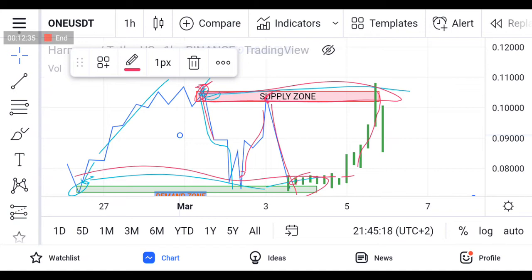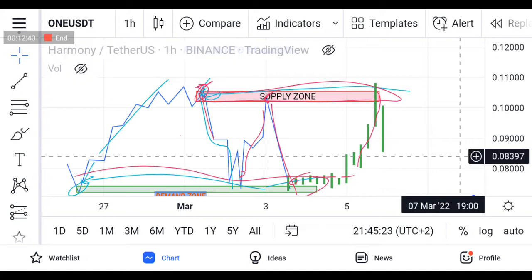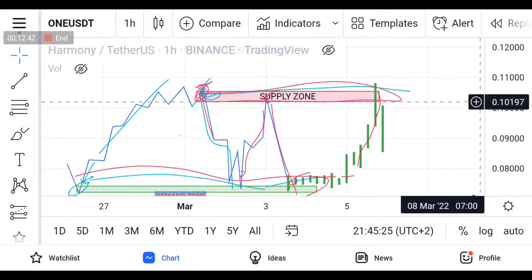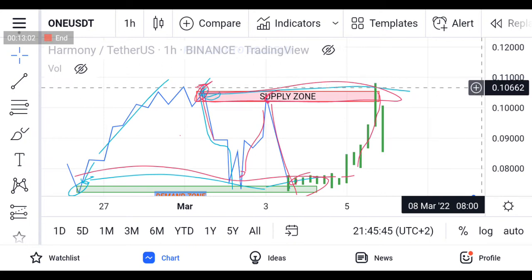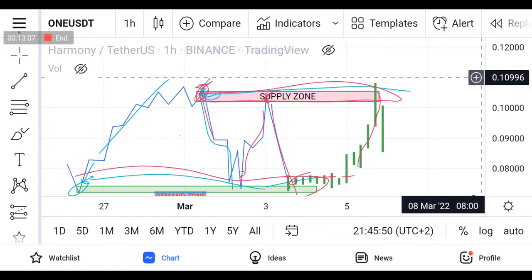Let's say in this case it is a supply zone, right? So you will take your entry, let's say maybe somewhere around 0.1. So what would be your stop loss? It can be at the price of your resistance zone, or somewhere near your zone.